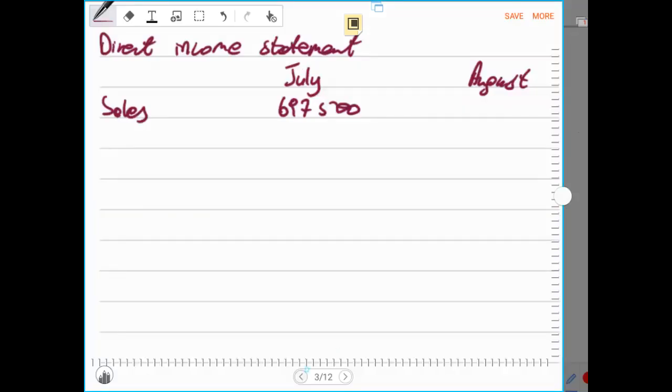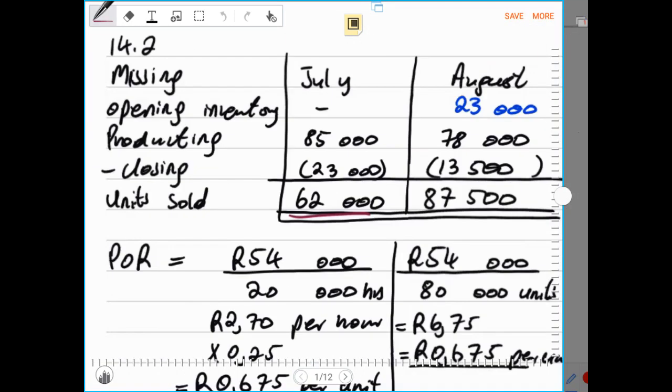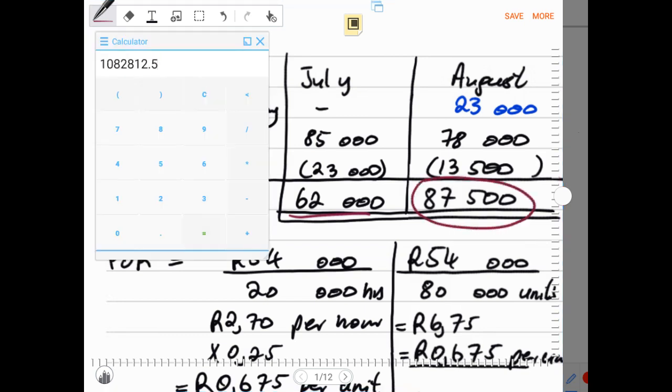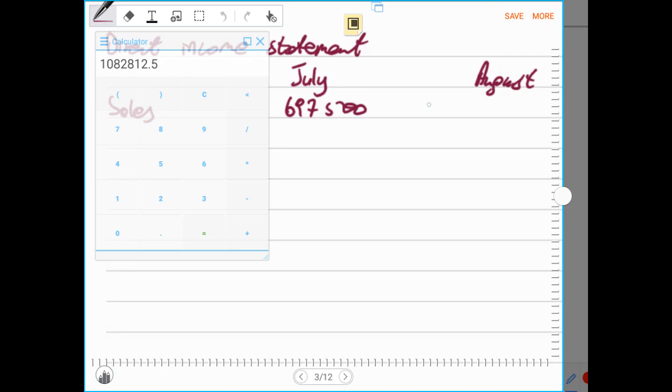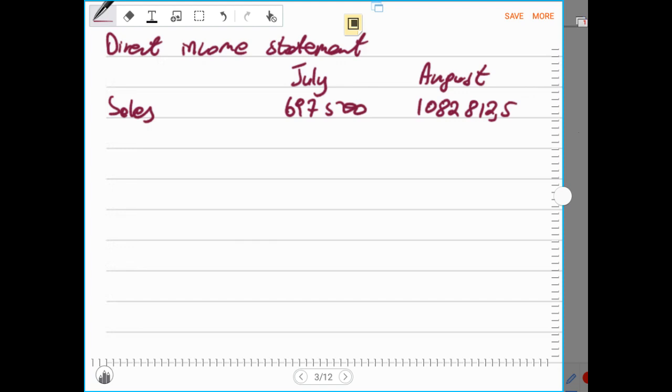And if we do that, it will give us the amount of sales for the month of August, which we record as 1,082,812.5. So here are the sales for the month of August. Let us not round off and leave those cents as they are, because there was also no instruction.